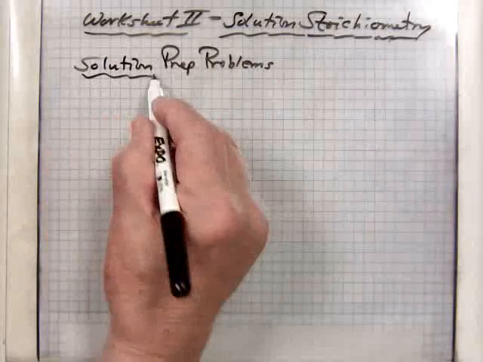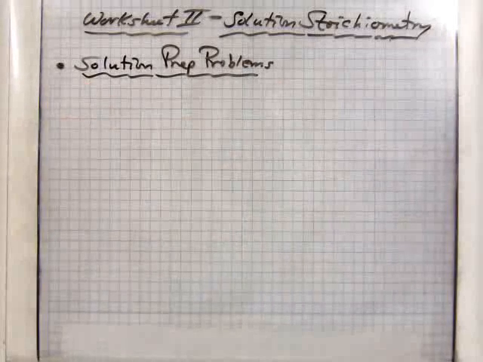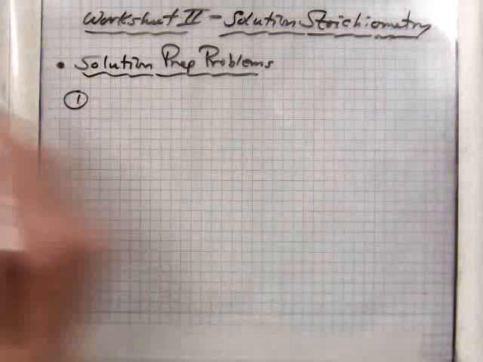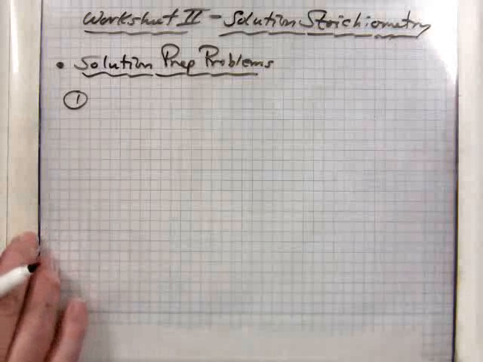And just to review this for a second. Okay, so the first one is saying prepare 500 milliliters of 1.5 molar sodium hydroxide from manufacturer stock that's 98% pure.